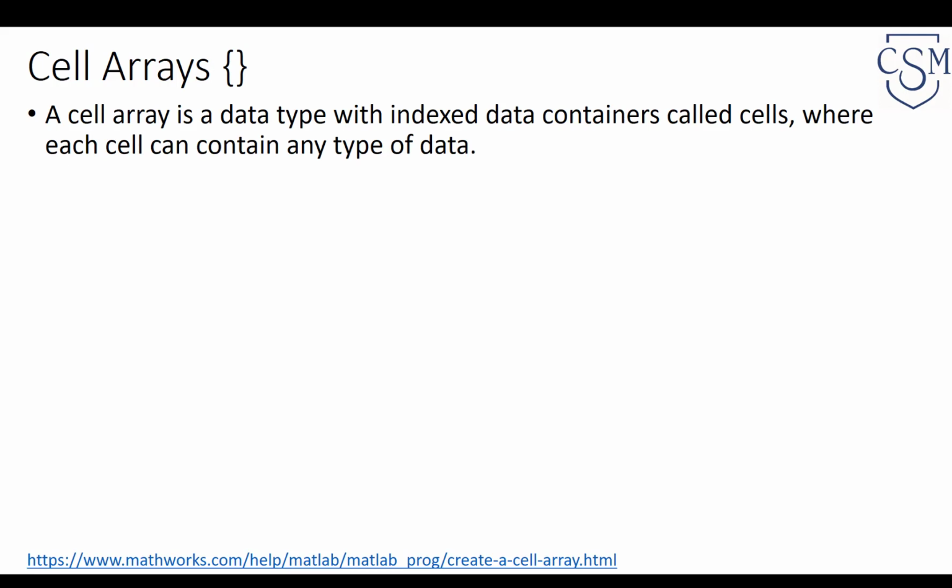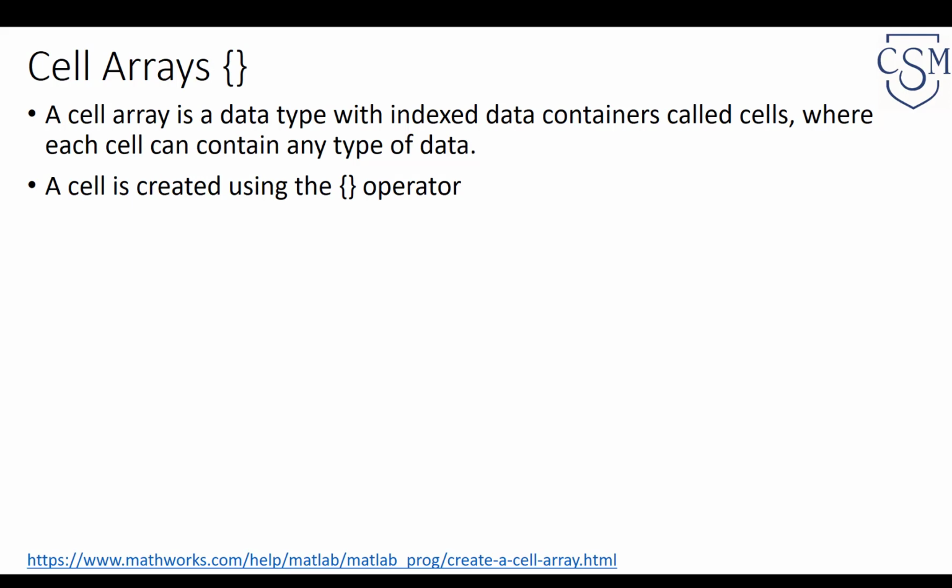The first heterogeneous data type we'll discuss are cell arrays and how to create them. A cell array is a data type which is an indexed data container called cells, where each of those containers within the cell may contain any type of data, whether that be a double, an int, a struct, another cell, or even char arrays.